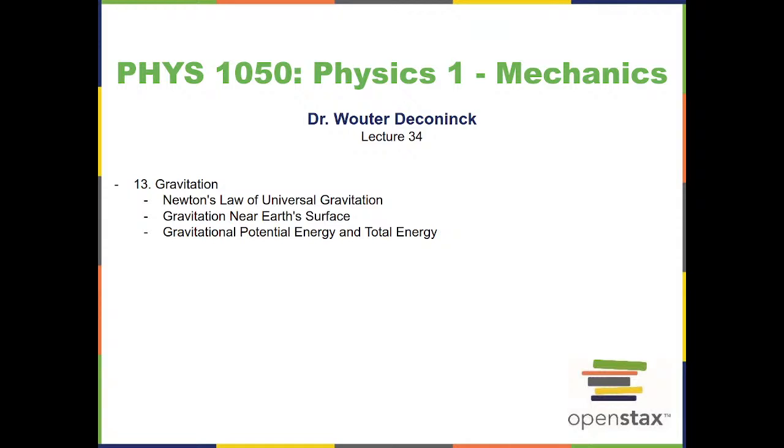And as we'll talk about later today, of course the story isn't done for gravitation. In the beginning of the 20th century, Einstein came along and described gravity in terms of general relativity.